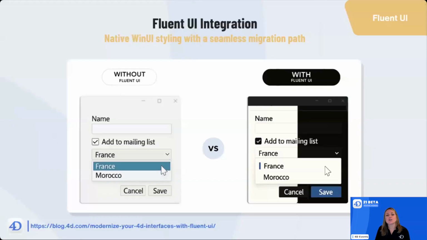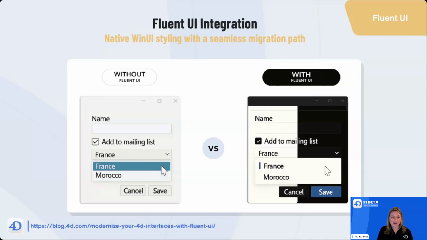Now, let's look at Fluent UI, a feature that brings a modern, Windows-aligned interface to your 4D applications. But Fluent UI in 4D isn't just a theme, it's a full technical upgrade.